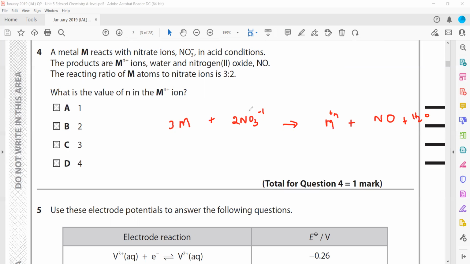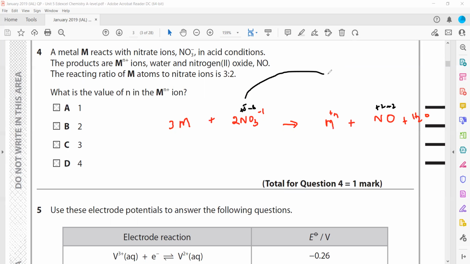Now we'll identify the change in oxidation number for nitrogen here. Look, each oxygen is -2, so 6 oxygens will be -6. Because the overall charge is -1, the nitrogen in nitrate should be +5. And here, with each oxygen -2, nitrogen is +2.